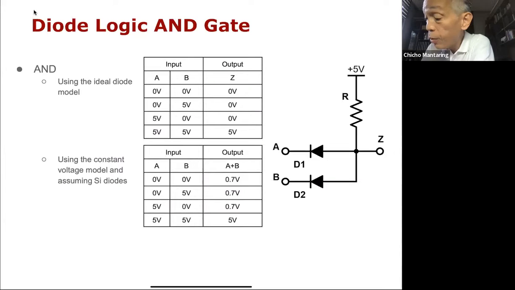When both inputs are 1, that is, both inputs are 5 volts, notice that you have 5 volts here, you have 5 volts here. So the open circuit voltage across this diode is going to be 0. That is not enough to make it conduct because you need 0.7 volts to make this conduct.